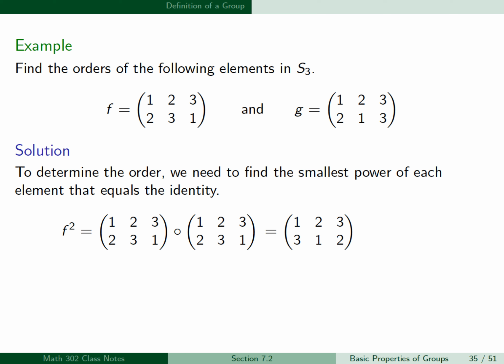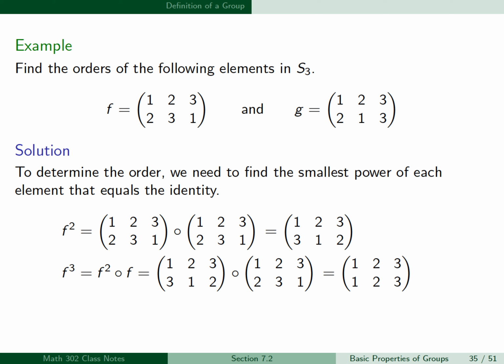And this is obviously not the identity, so we'll continue. f cubed is f squared composed with f, and so this will be the permutation we just computed, composed with the original permutation f. And if you compute this out, this turns out to be the identity permutation. So that tells us that 3 is the smallest power of f that equals the identity, and therefore the order of f is equal to 3.